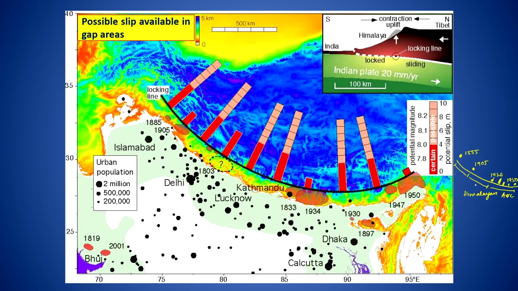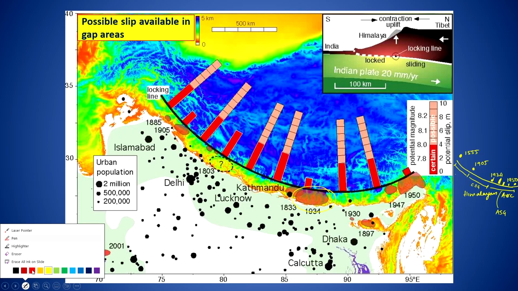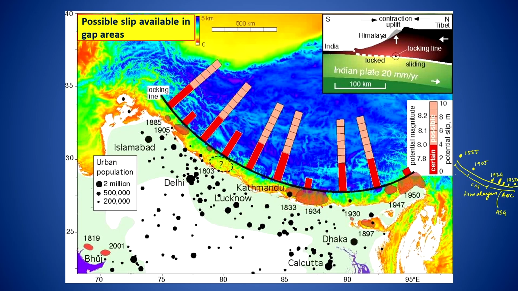This one is the central seismic gap, and this has been termed the Assam seismic gap. You can see that this is based on the earthquakes which have been observed: 1934 and 1950, then you have 1905 and so on.